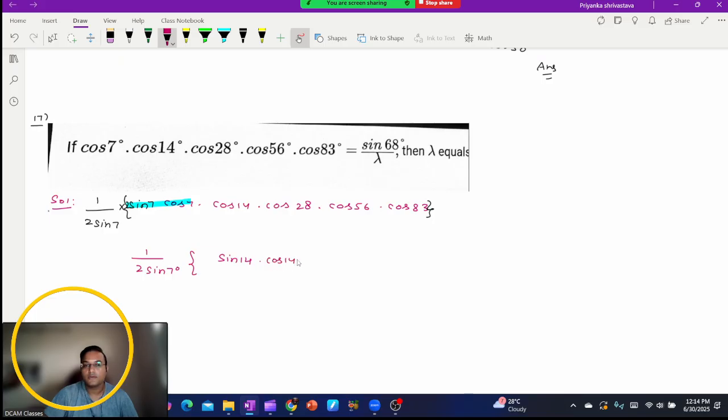It will become sin 14, cos 14 now, cos 28, cos 56, cos 83. Now again divide by 1 by 2, multiply with 2. So this part will become sin 28. Now this and this will be done. So for that 1 by 2, multiply it with 2 again.